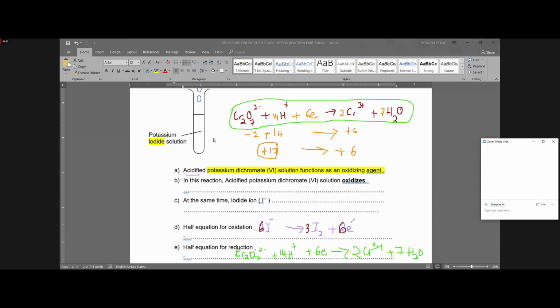Okay Avril, give me the answer. 6I minus plus Cr2O7, don't forget the 2 minus there, the charge for Cr2O7 must be there, plus 14H plus, plus the 6e, arrow 3I2 plus 2Cr3 plus, and then plus 7H2O. That's all. Well done. So this is the overall ionic equation.